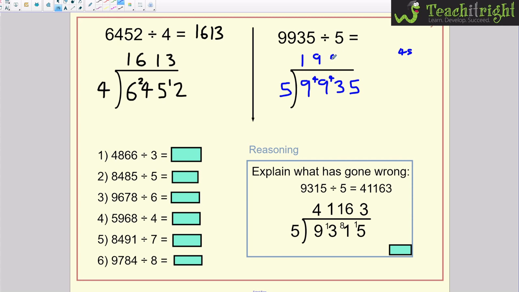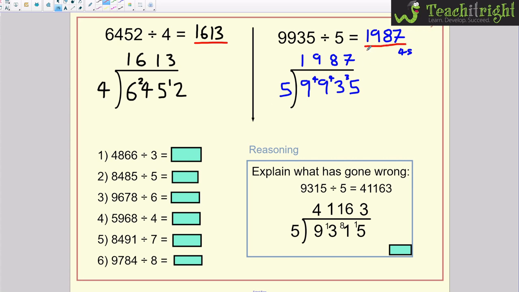Well, in this case, it goes in 8 times. The remainder is 3 tens. So I carry those 3 tens over to make 3 tens and 5, 35, and that goes in 7 times. So 1,987 is my final answer. It's always nice to underline them when we're done.